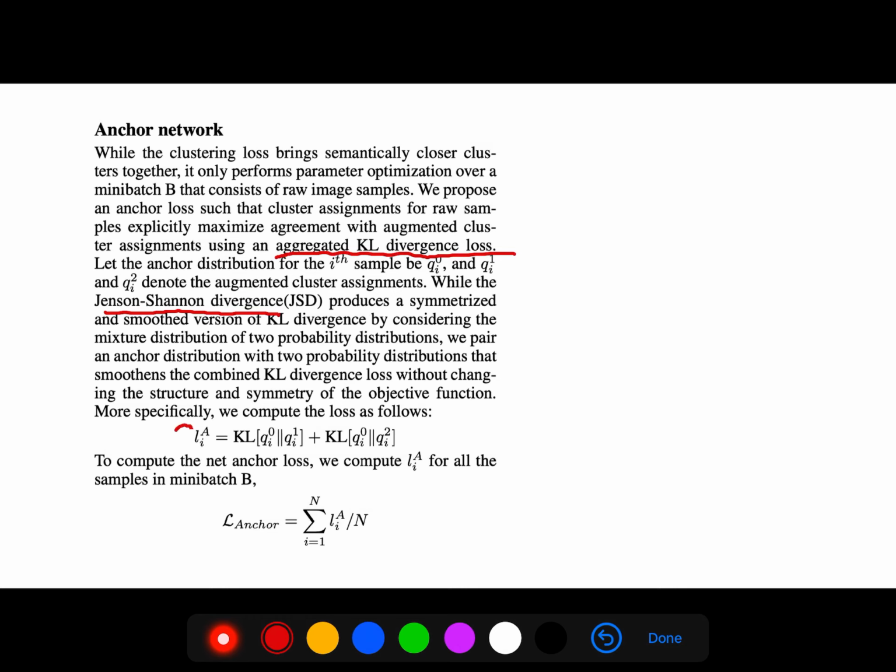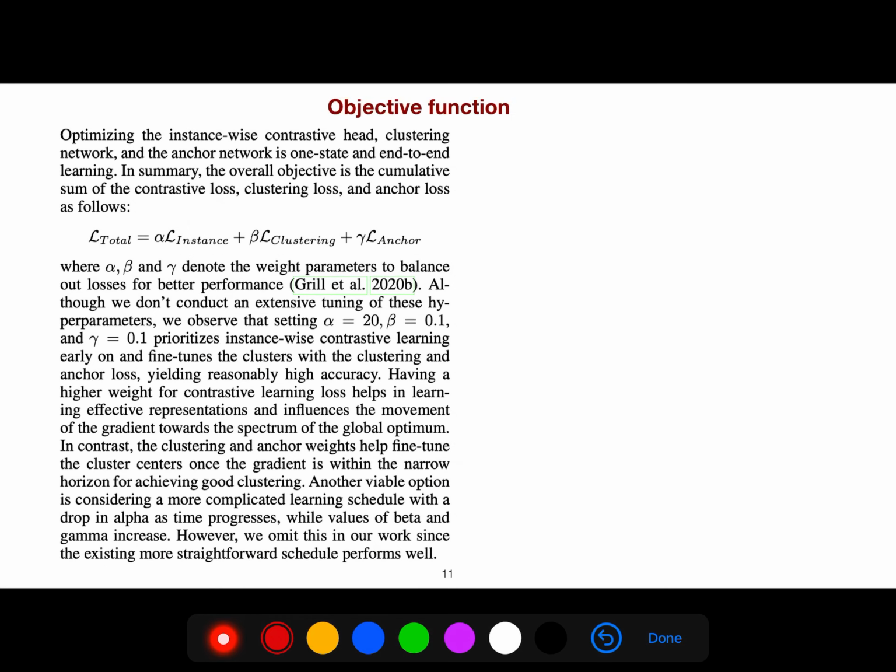So we compute the loss as the sum of these KL divergences. And to compute the net anchor loss, we compute this L_i for all samples, because we have n samples in mini-batch B.